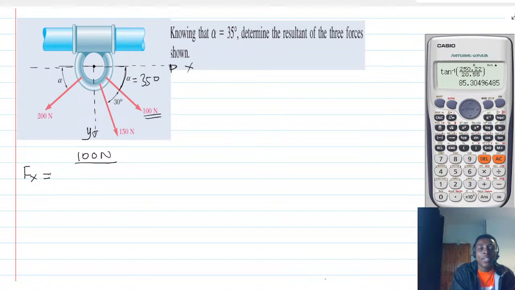But before we do this, let's try and create a convention. So plus y, plus x. So basically what this is trying to tell us is that any force in this direction is positive, and then any force in this direction along the y is positive.